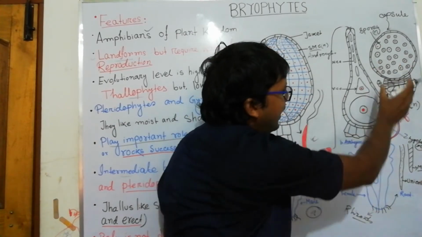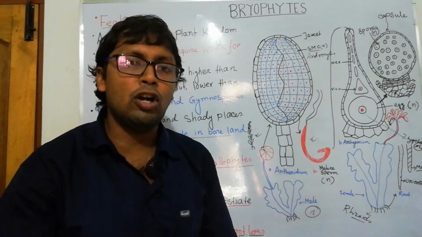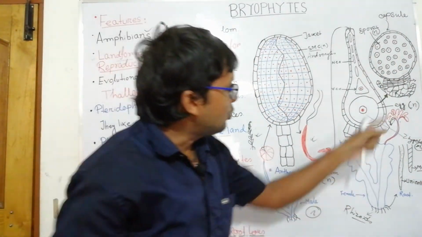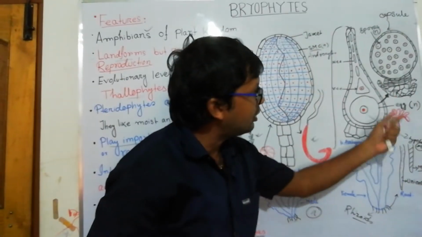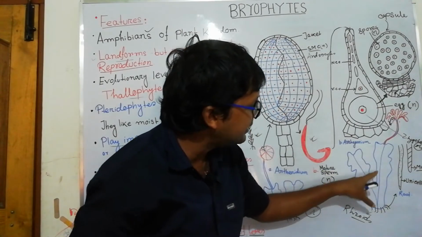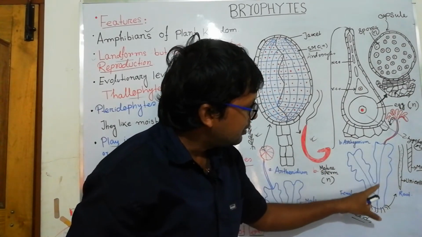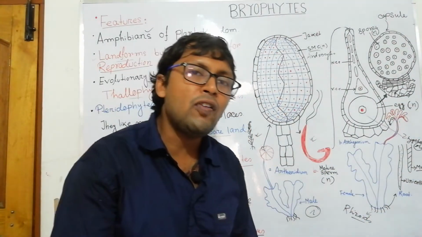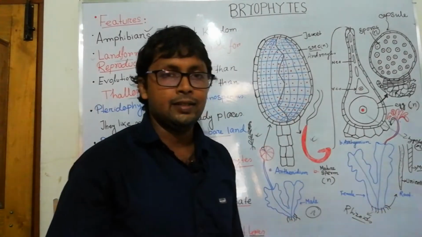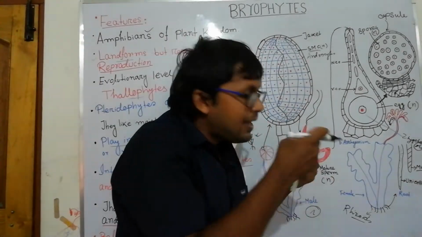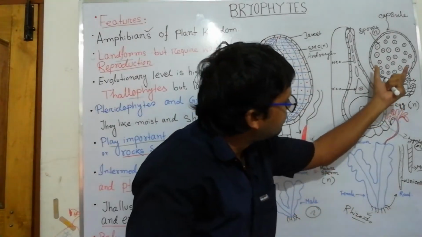So sporophyte is dependent on gametophyte. This structure will convert into this structure and remain on the gametophytic body. So gametophyte is independent, but sporophyte is dependent on the gametophytic body and absorbs mineral nutrition for the development of spores.